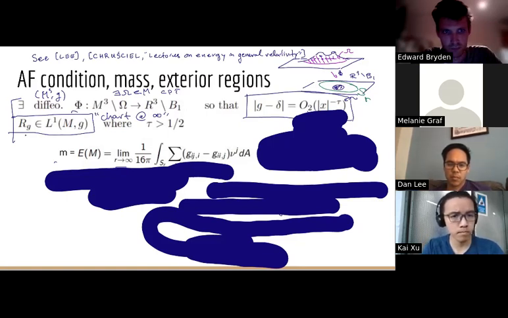You compute this integral of these first derivatives over this large sphere and take the limit as the sphere goes to infinity. This is some number. It's not quite clear it's well defined, but it's an invariant of the structure we have just defined, called the mass, or ADM mass.